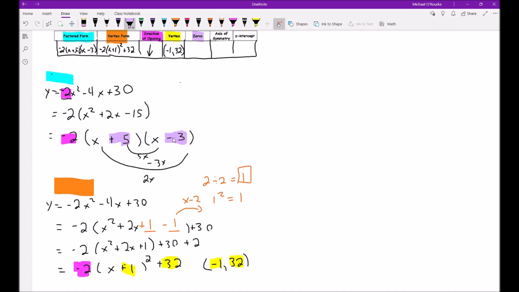But what do I have to do with those zeros when they come out? Are my zeros 5 and -3? No. Reverse the sign, right? Because remember, x plus 5, I want to equal 0, so x plus 5 equals 0. Move it over, x equals -5. So -5 and 3.